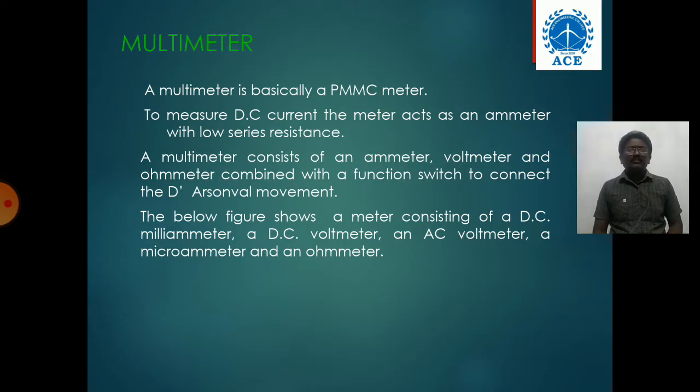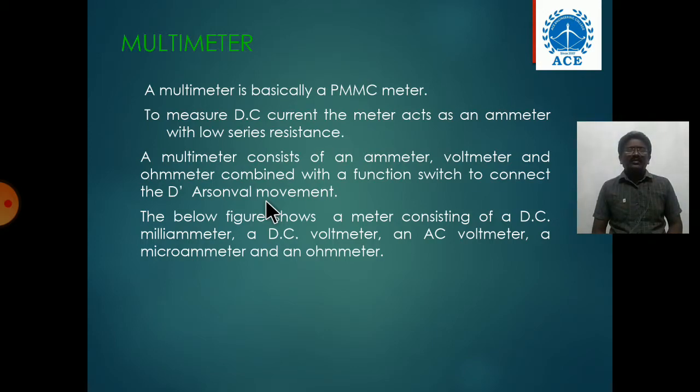With the help of multimeter, to measure DC current, the meter acts as an ammeter with low series resistance. Here multimeter consists of ammeter, voltmeter and ohmmeter, combined with a function switch to connect the directional movement.